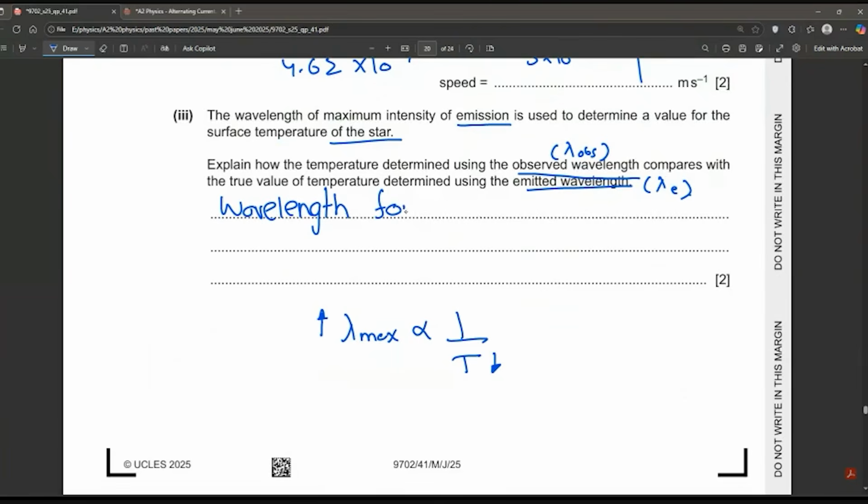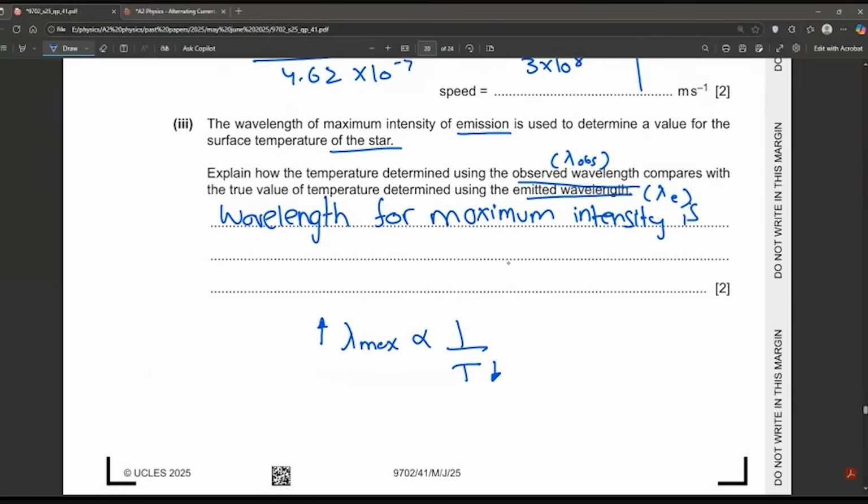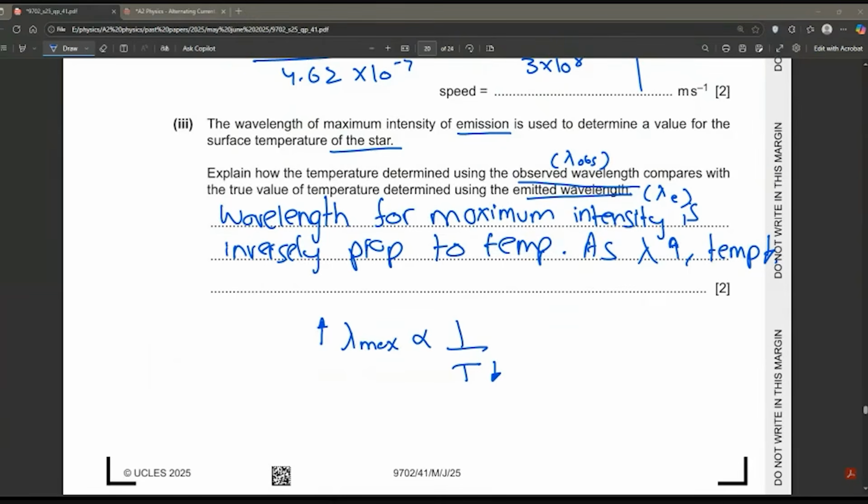As wavelength increases, temperature would be estimated to be lower, or temperature would be too low.